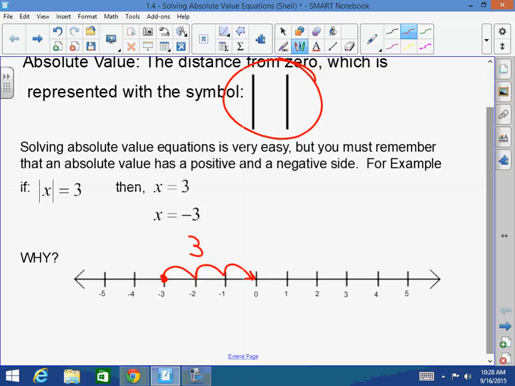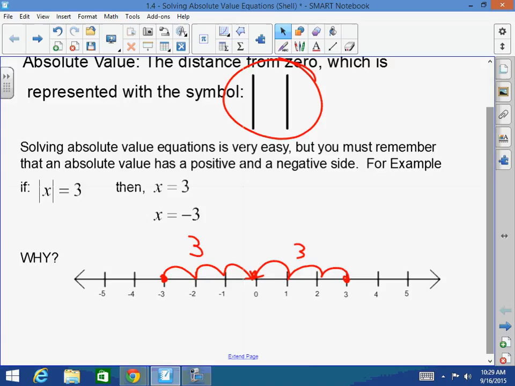If x is 3, though, isn't 3 also 1, 2, 3 away from 0? So in every absolute value, guys, there is a positive possibility and a negative possibility. Absolute value describes the distance from 0. So there's a duality there. There's a positive possibility and a negative possibility.